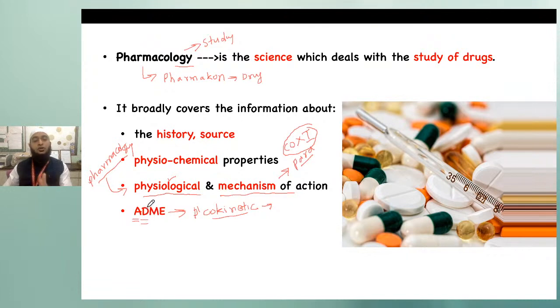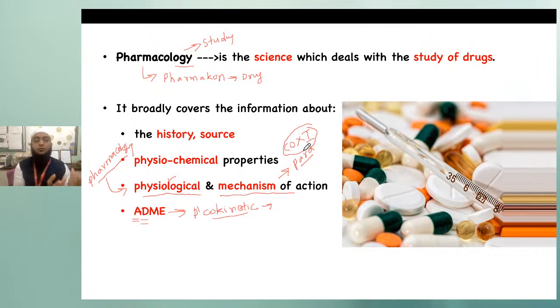Now once distribution of the drug is over, the drug will exert its pharmacological action or physiological action by virtue of its specific mechanism, right? So they have a specific mechanism, so it will exert its pharmacological action. Now once the pharmacological action is exerted by that particular drug, then based on its pharmacokinetic parameters, like its T half, that is, for how much time it remains in the body, right?